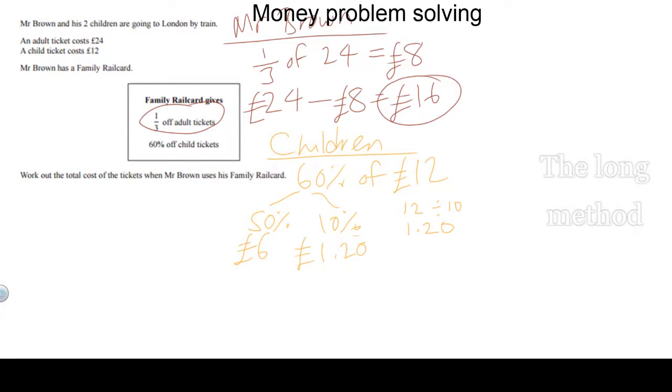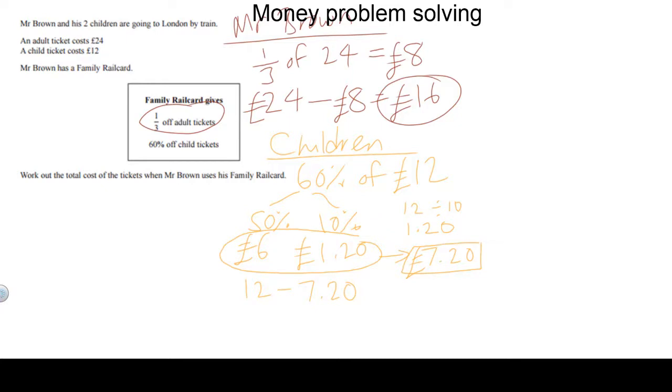So what's 60%? 60% is all of that. 60% is £6 plus £1.20. That makes £7.20. That's 60%. But remember this, we've taken away £7.20 off from £12. 12, take away £7.20.